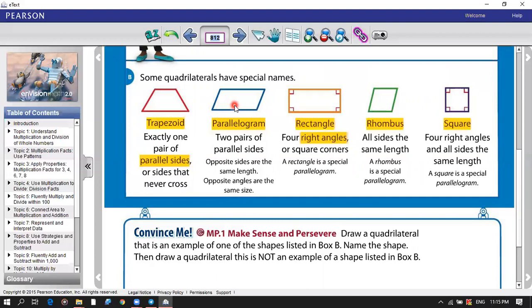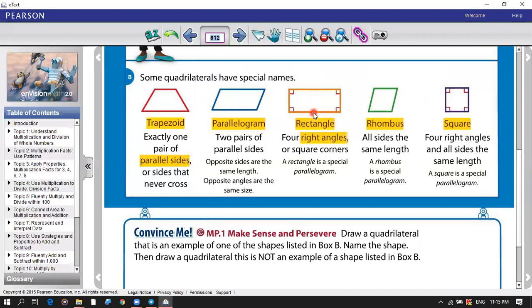Parallelogram, which has 2 pairs of parallel sides. These 2 sides are parallel and have the same length. And these 2 sides are also parallel and have the same length. Rectangle. The rectangle is a parallelogram. Why?